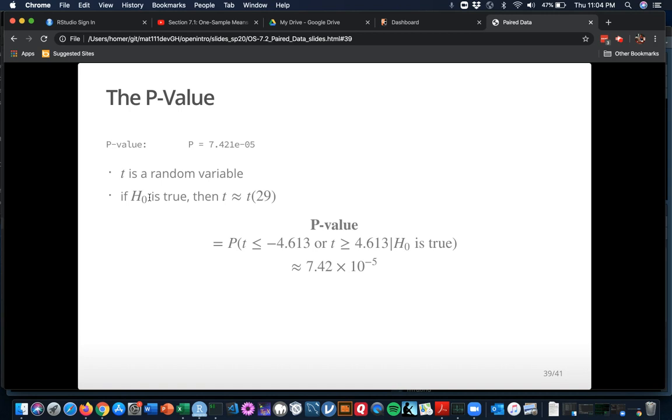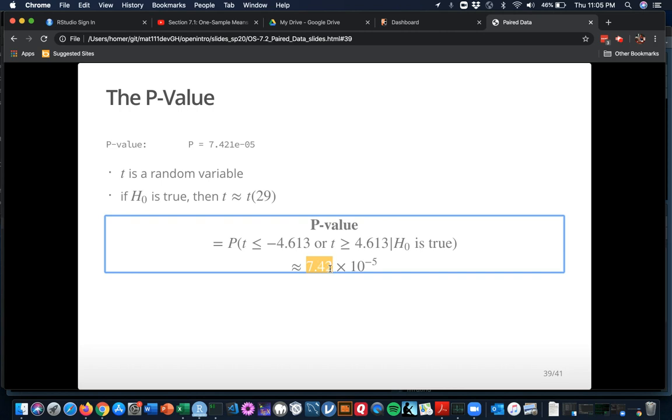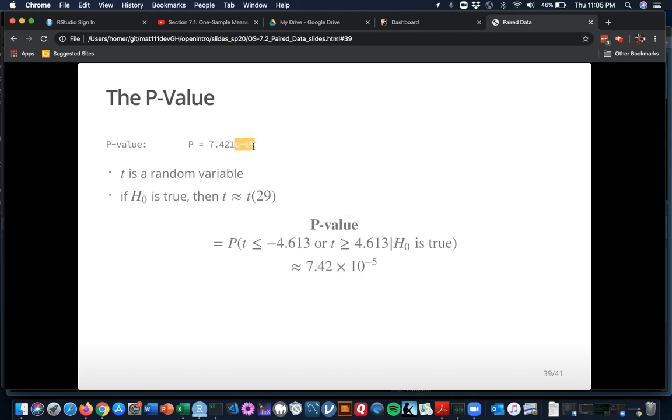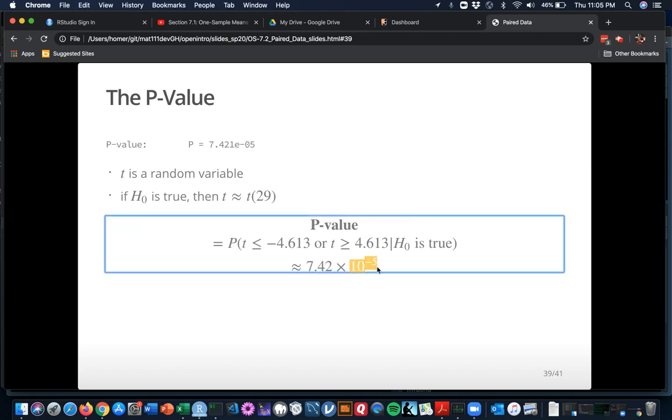And since the sample size is pretty good, we know from the math theory that if the null is true, then that test statistic has about a t-distribution with one less than the sample size degrees of freedom. And so you can compute this p-value. R will compute it for you. And that p-value is 7.42 times 10 to the minus 5 power.